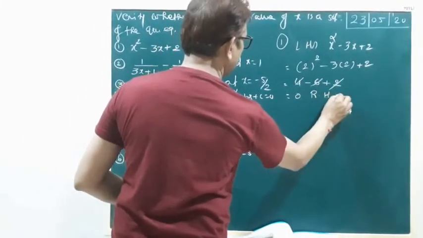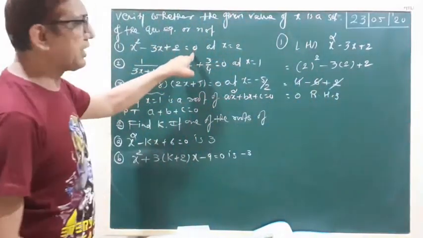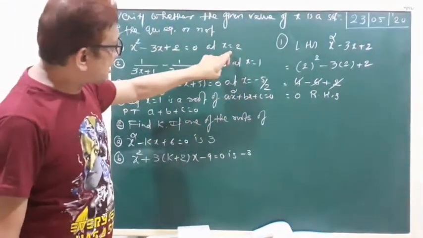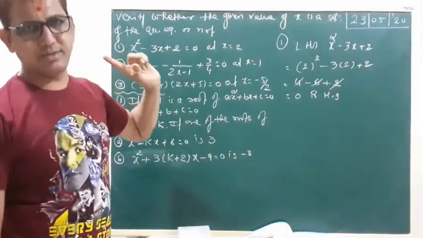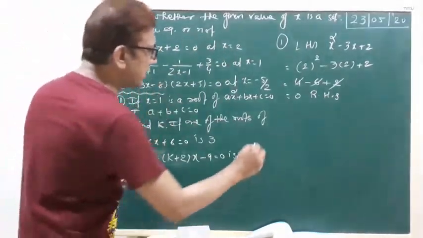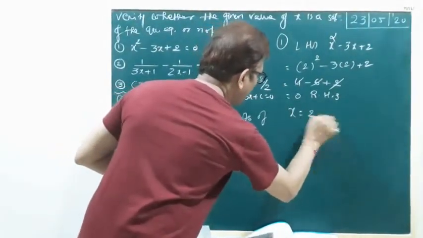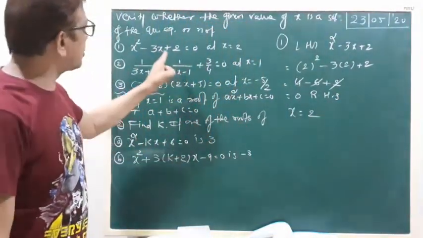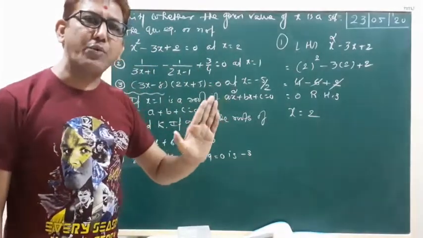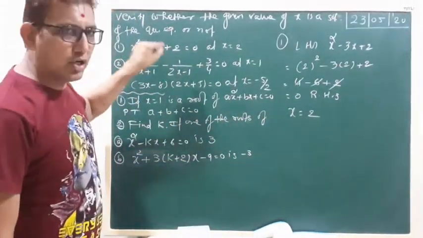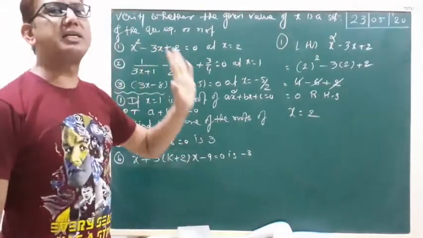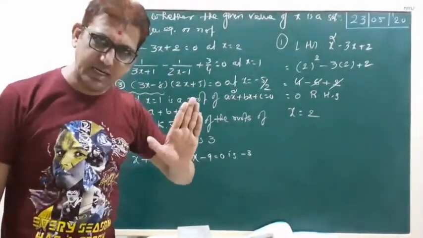It is your RHS. So x equal to 2 is the solution of this equation. Otherwise, x equal to 2 is one of the roots of this quadratic equation. Clear?